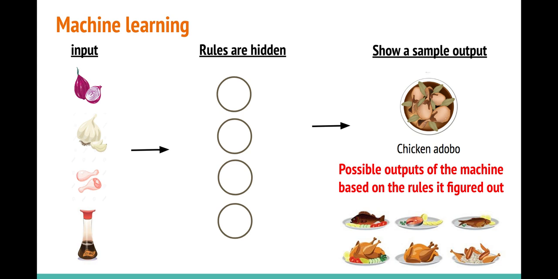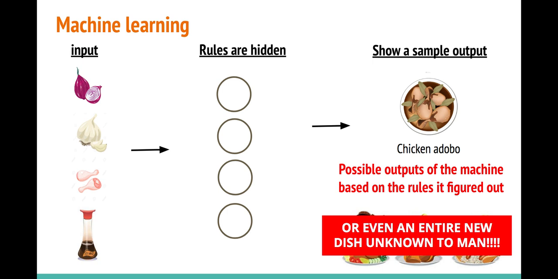So here, for example, based on the rules discovered by the machine, the possible outputs could be a roasted chicken. What else? You have the fried chicken and so on, or simply even an entire new dish unknown to man, because it's the machine who discovered the rules or came up with its own rules.